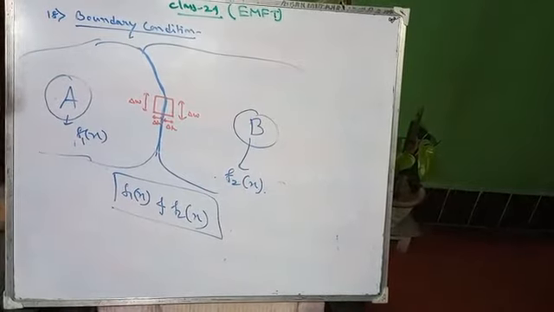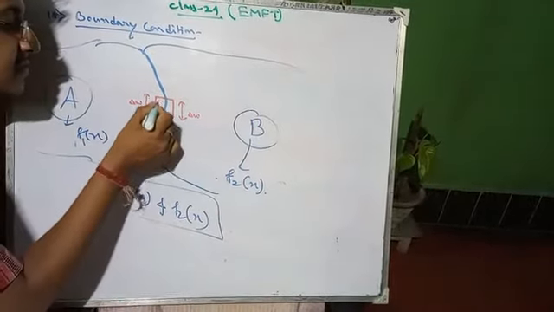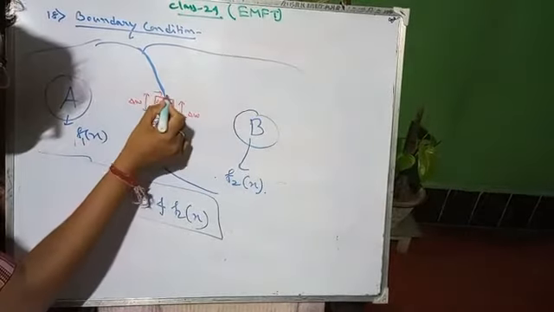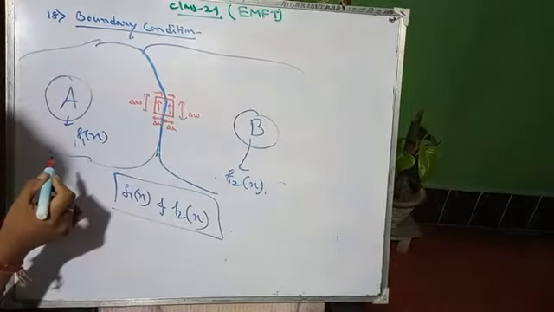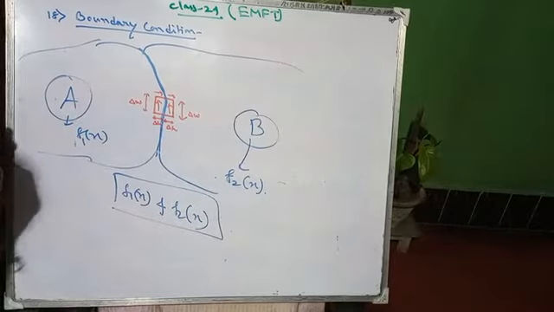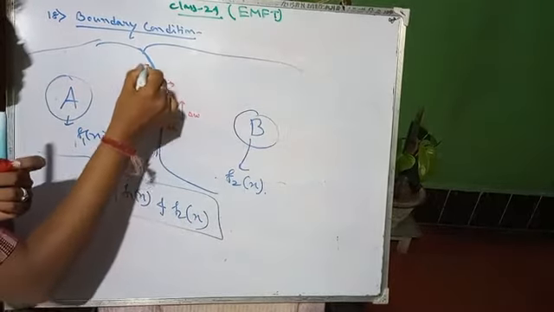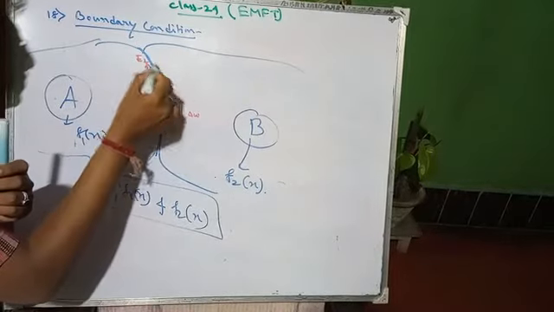Now it has some tangential component and it has some normal component. This is your normal component, this is your tangential component, this is Et, this is En.